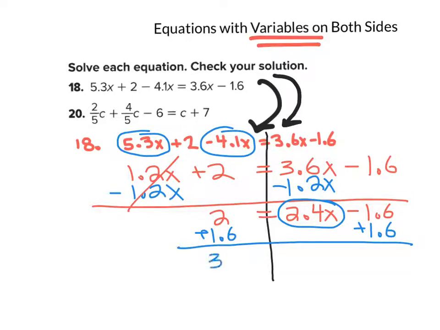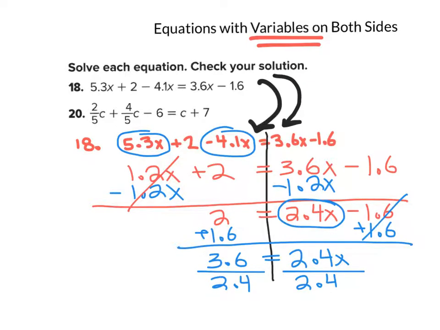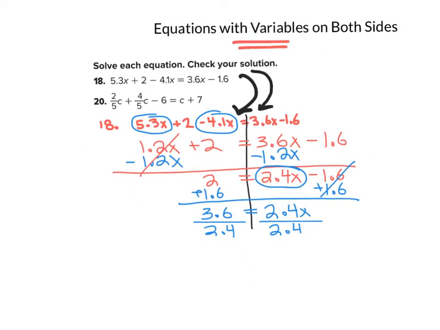And 2 plus 1.6 is 3.6 equals 2.4 times x, and negative 1.6 plus itself is 0. And my last step is just a one-step equation where I divide each side by 2.4. And my answer is 1.5.